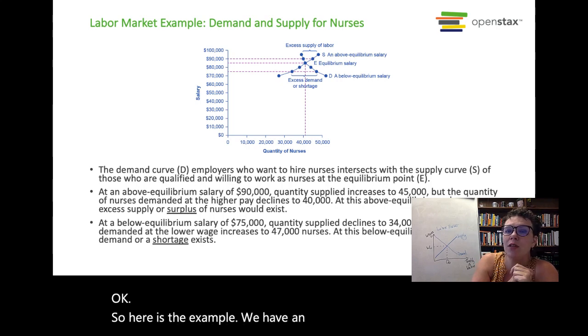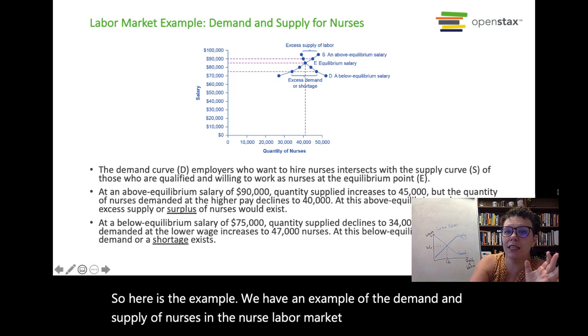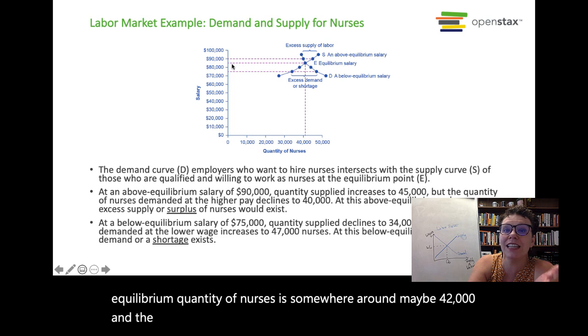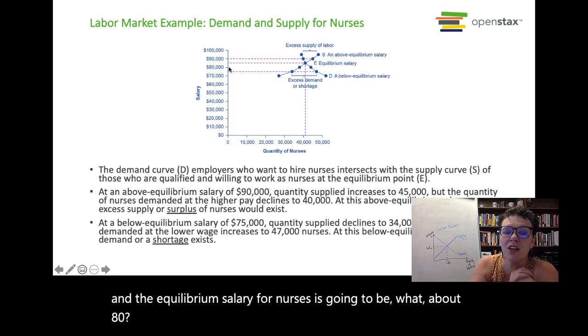So here is the example. We have an example of the demand and supply of nurses in the nurse labor market. We can see here the equilibrium quantity of nurses is somewhere around maybe 42,000, and the equilibrium salary for nurses is going to be about $85,000.